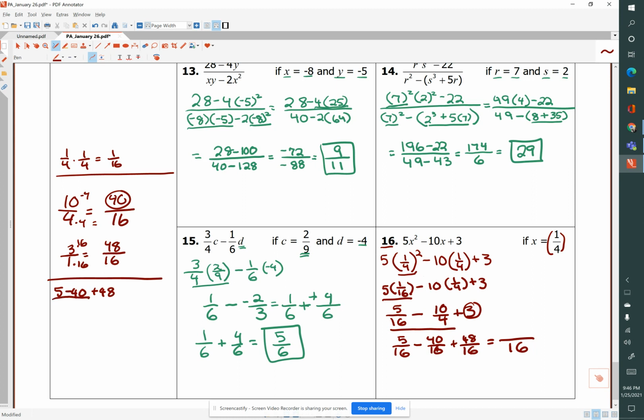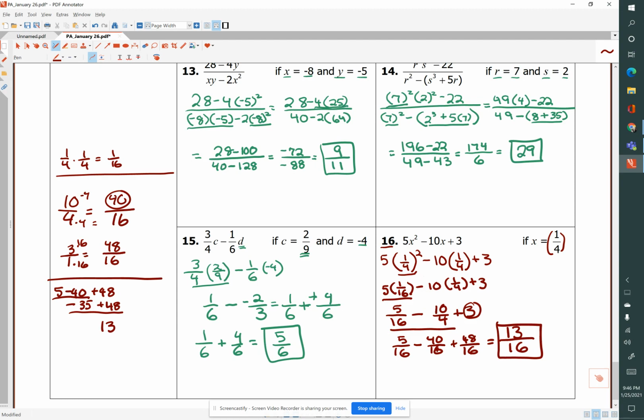And 5 minus 40 is negative 35. Sorry about that. I knew something was wrong. Negative 35 plus 48 is a positive 13. So the numerator here is 13, and 13/16 is our final answer.